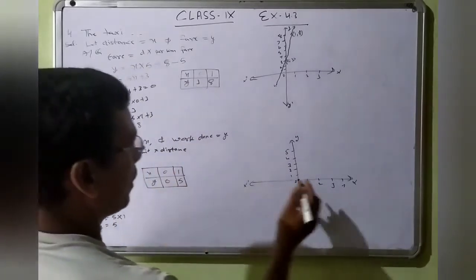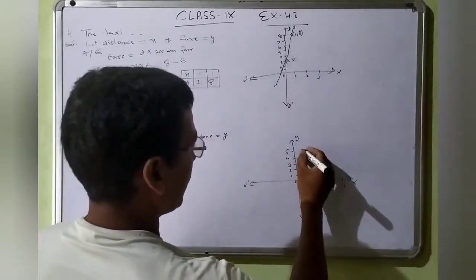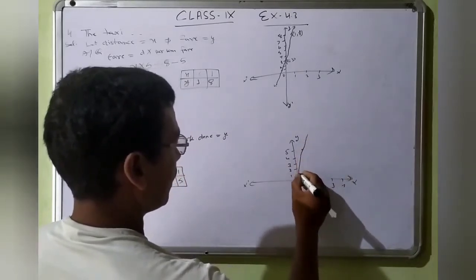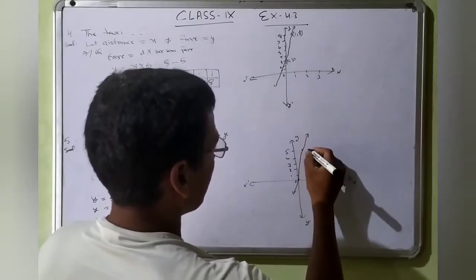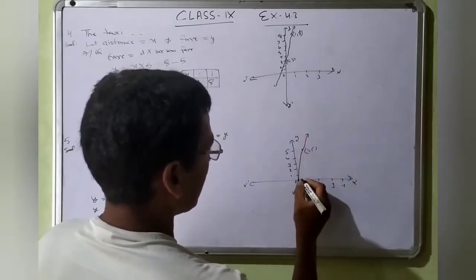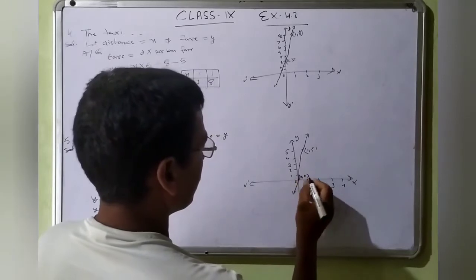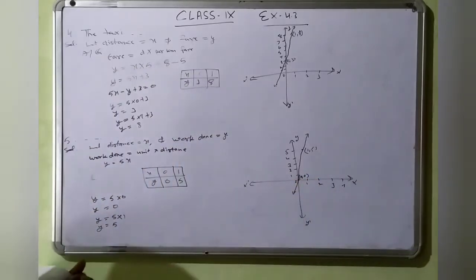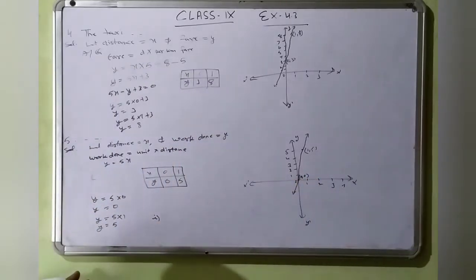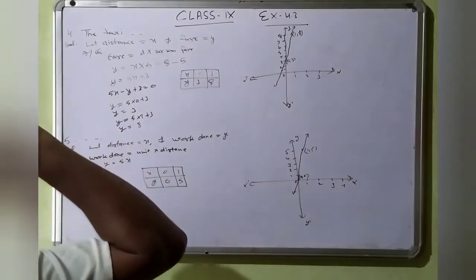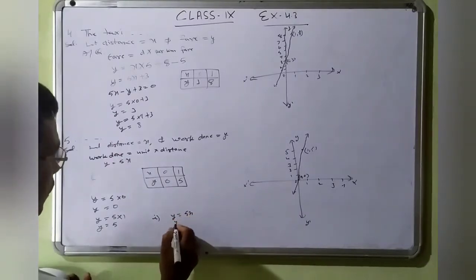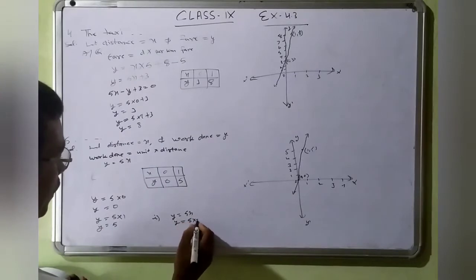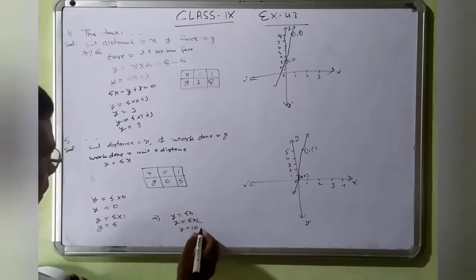Second is 1, 5, and the line passes through here, 1, 5, and this is 0, 0, right? And then first part, for 2 units, so y is equal to 5x, so y is equal to 5 into 2, y is equal to 10.